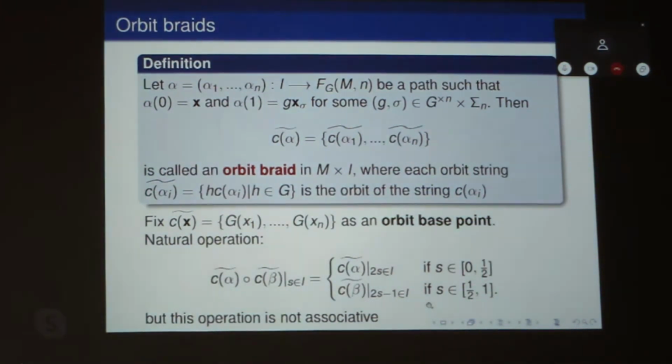But this operation is not associative, like in the theory of homotopy, so we need some equivalence relation.